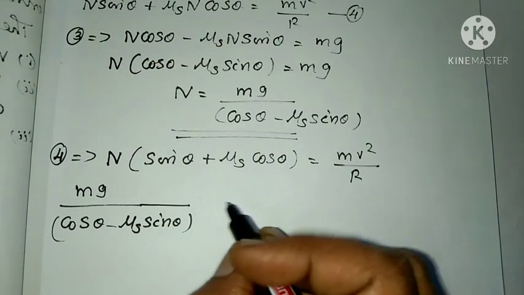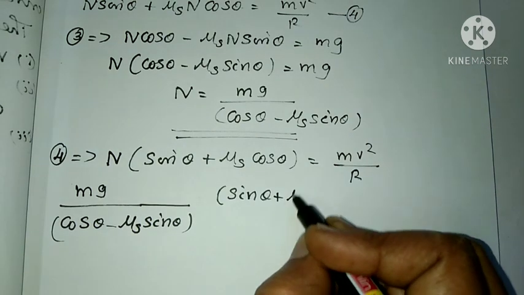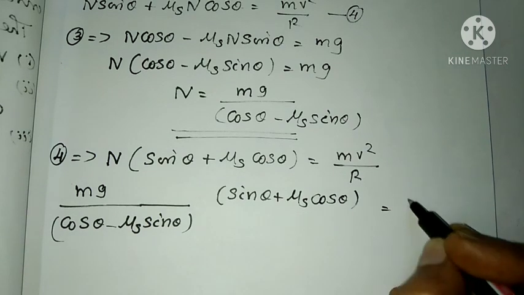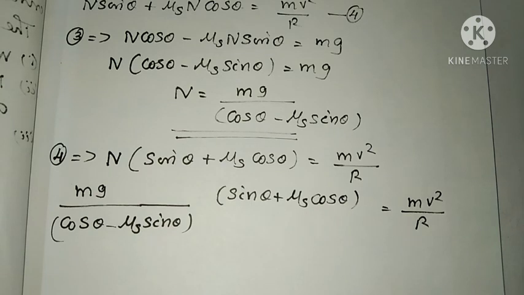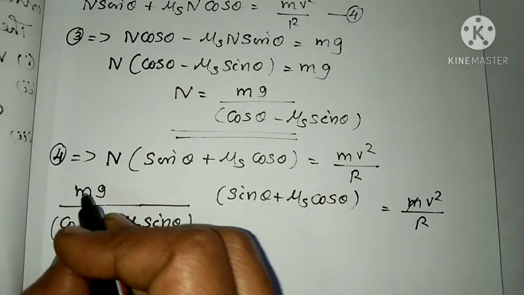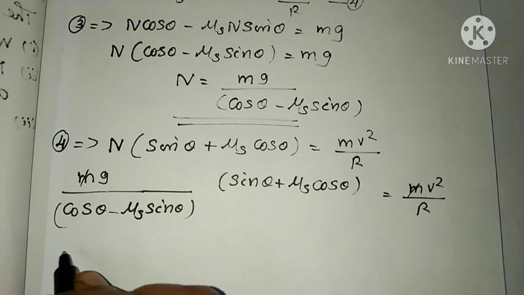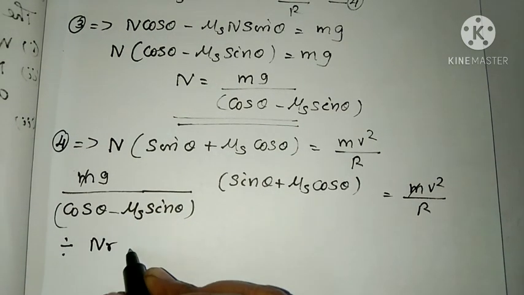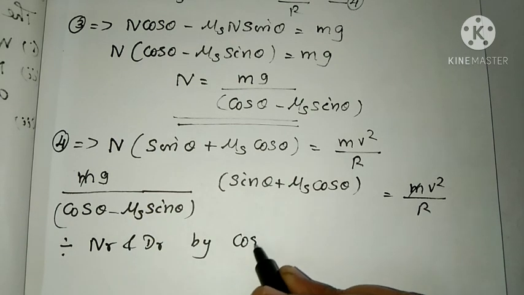Then what is the numerator? Sin theta plus mu s cos theta. That is equal to mv square by r. Then we can cancel this m and m. Then to get the value of v, we should divide numerator and denominator by cos theta.